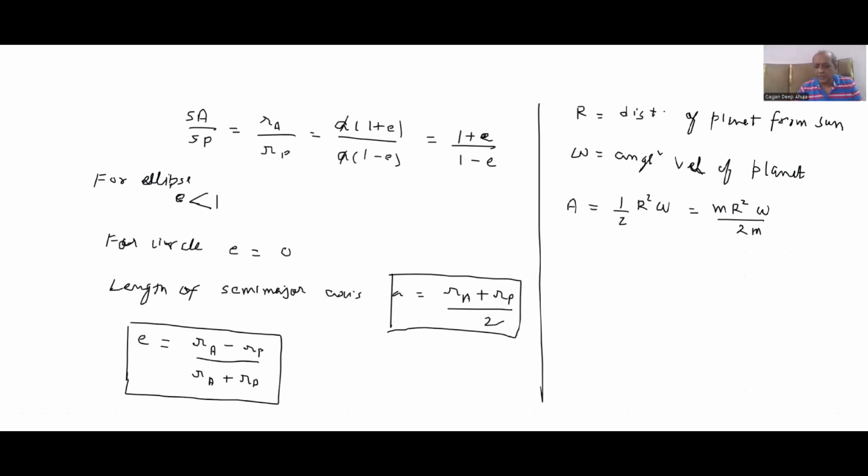So this whole quantity m r square into omega is also called angular momentum. Mr square is the moment of inertia of the planet and omega is angular velocity. One more relation: angular momentum L is equal to I omega, where I is the moment of inertia, and the moment of inertia of this planet is equal to mr square. So the area swept per unit time can also be written as L divided by 2m.